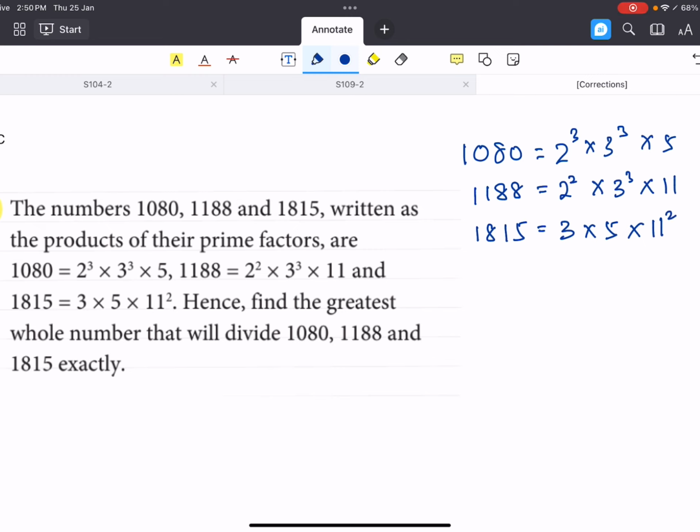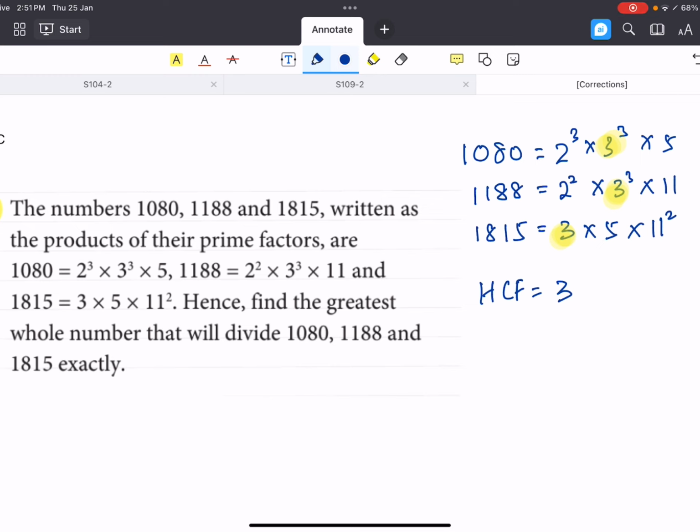So we are looking for the HCF here. Well, let's look at the first prime factor, which is 2. Well, 1815 doesn't have a prime factor of 2. So we are going to ignore that, right? Now, 3, we have prime factor 3 in all three numbers right here. So the HCF will include 3. And among the 3 of them, the common factor among all these 3 will be 3 to the power 1.